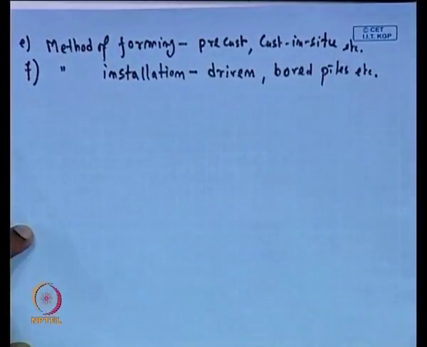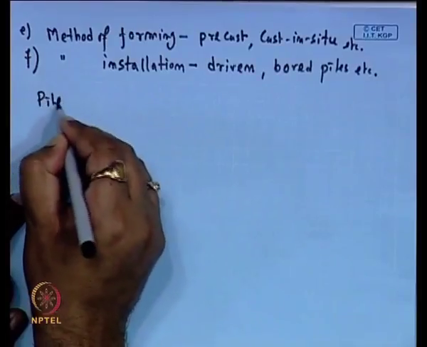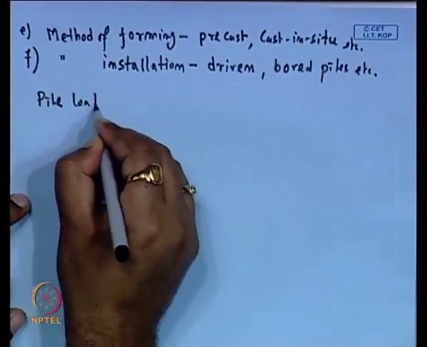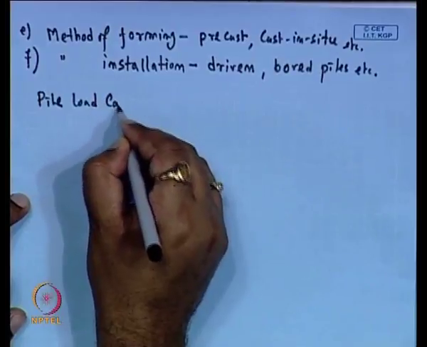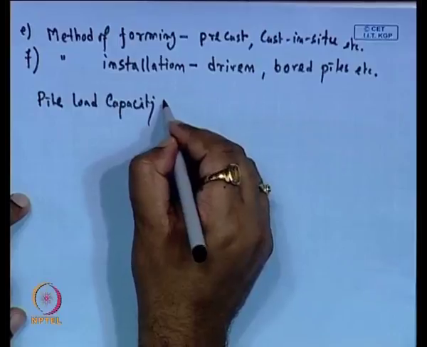Now, next I will discuss the different types of load bearing capacity, how to calculate the load bearing capacity of the pile or different piles. Now, first we will go for the pile load carrying capacity in compression.